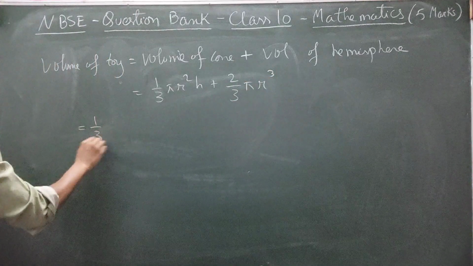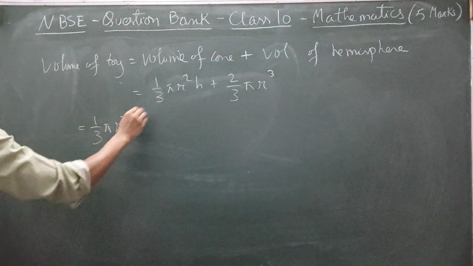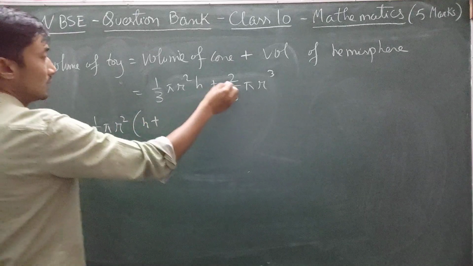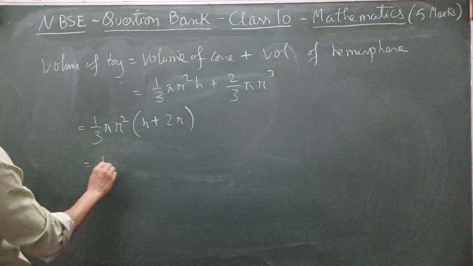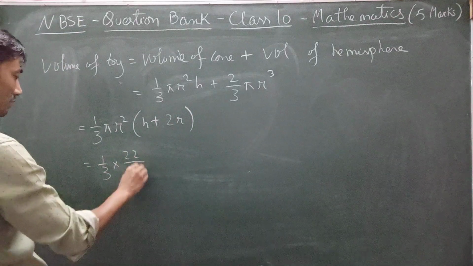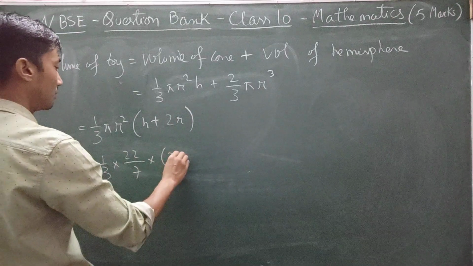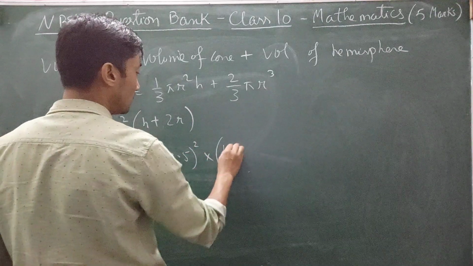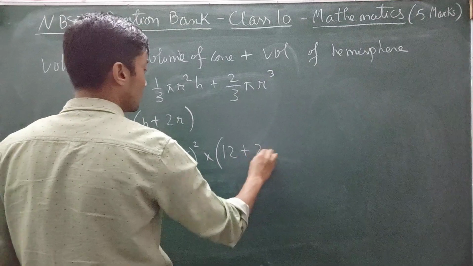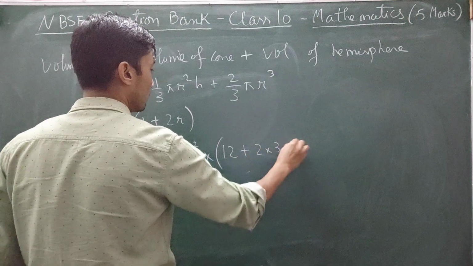So I'll take 1 by 3 common, pi common, r square common, h left. Here 2 times of r left. So that's like 1 by 3 into 22 by 7 into r, 3.5 square, into h, the height of the cone, 12 plus 2 times of radius, 3.5.